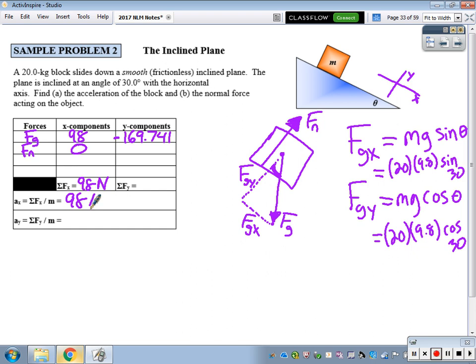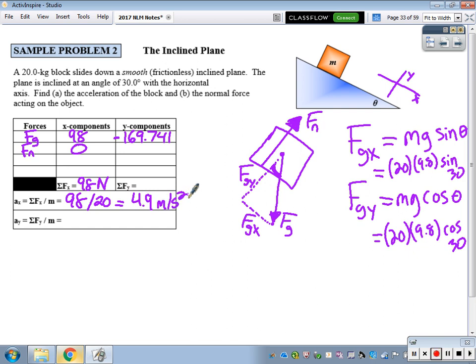Our 98 newtons divided by the mass of our block, which was given to us as 20 kilograms. Hopefully should be a relatively simple calculation. And Justin Hampton, when you got it, you let me know, please. 4.9. Okay, good. 4.9 with units of meters per second squared.